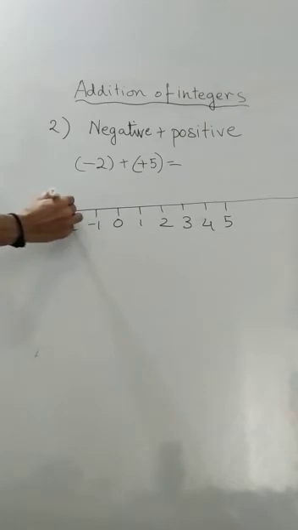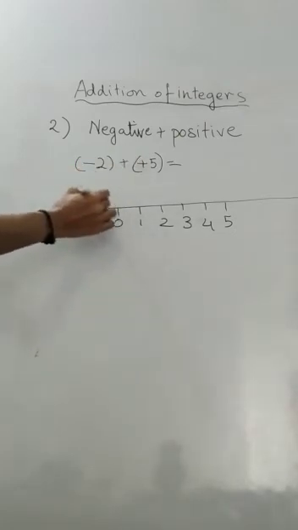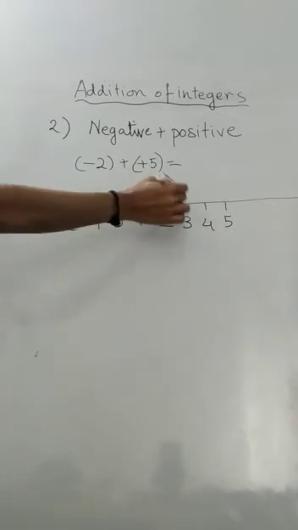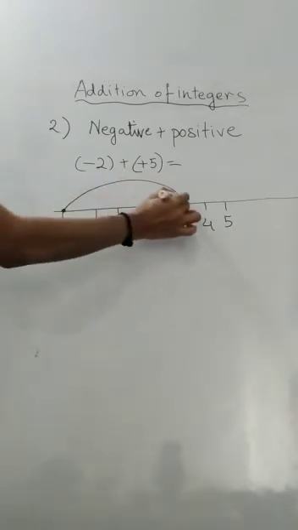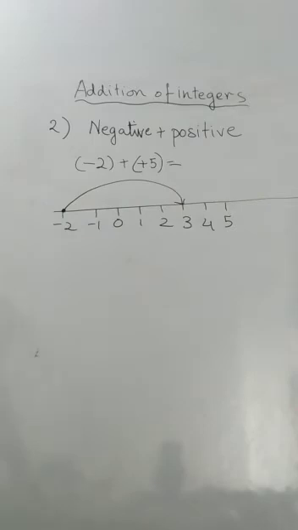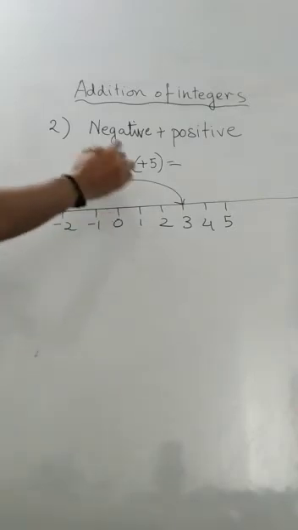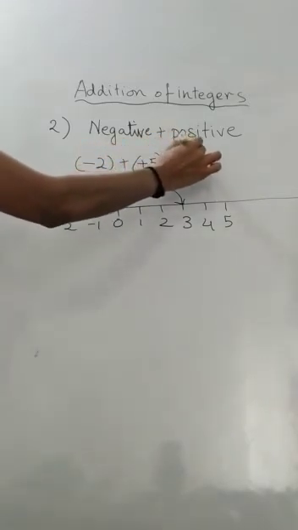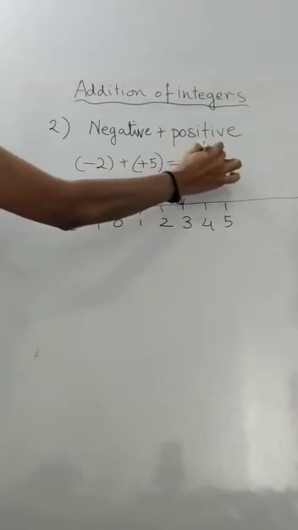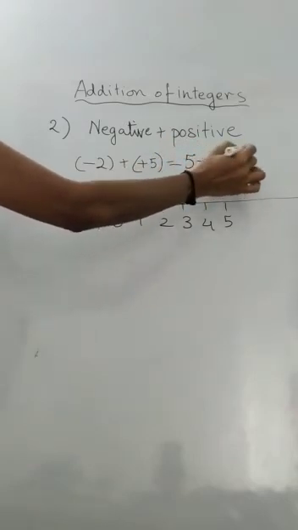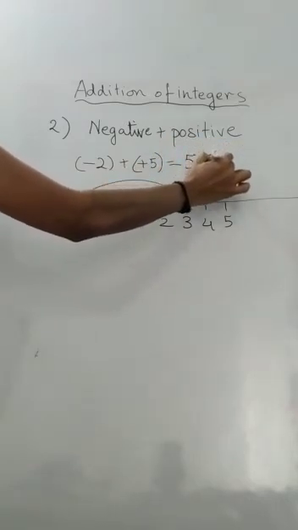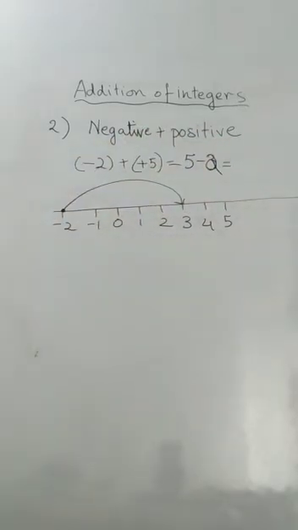So the rabbit will be standing at minus 2 and it has to jump 1, 2, 3, 4, 5. And it will reach which number? 3. So minus 2 plus 5, you can write it this way also. You have to write here 2.